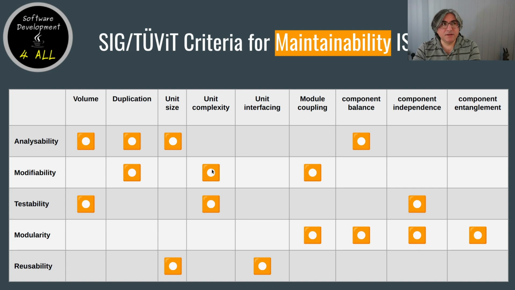Cyclomatic complexity will tell you something about the number of tests: the higher the number, the more tests you have to write to probably test your code efficiently and correctly. Cognitive complexity, on the other hand, is not about the amount of testing that you probably need to do.